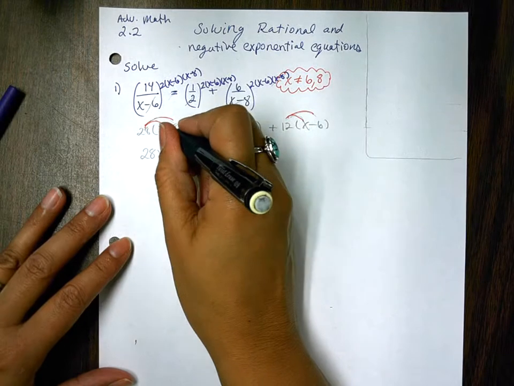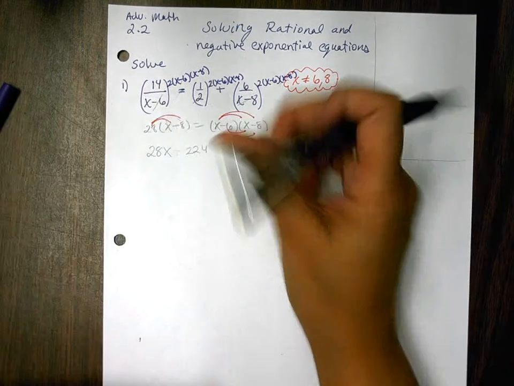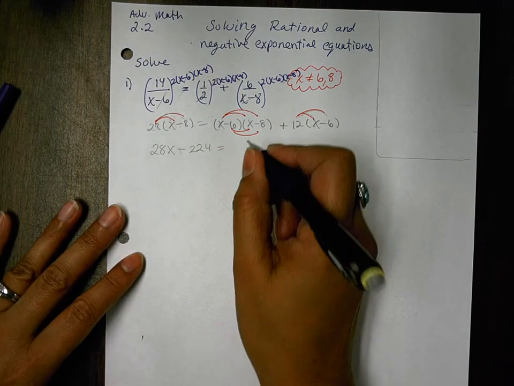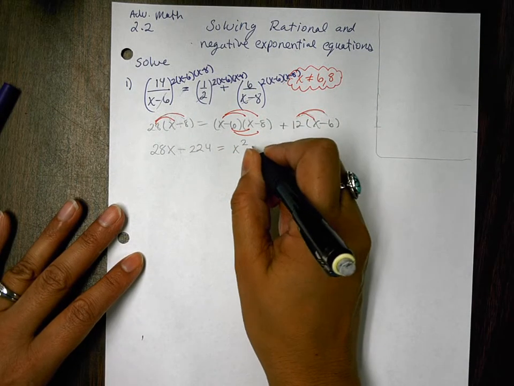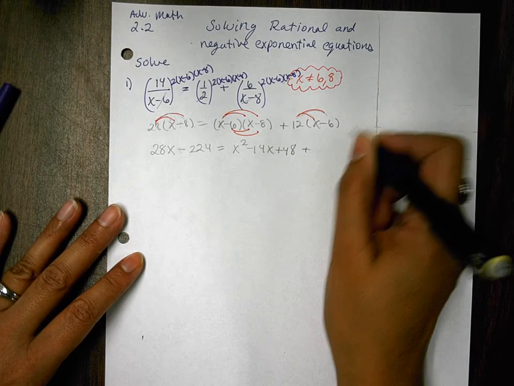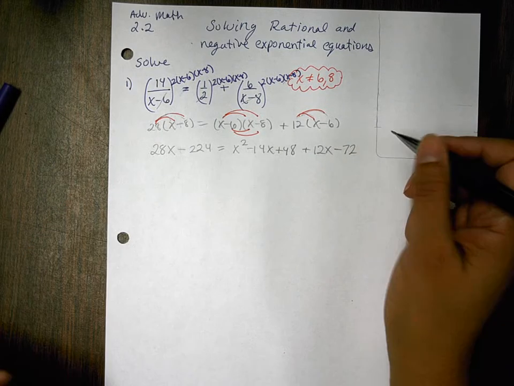I'm going to fix that now. My apologies. Equals, and when you double distribute that, you get x squared minus 14x plus 48, plus 12x minus 72. Again, a lot of work, I know.